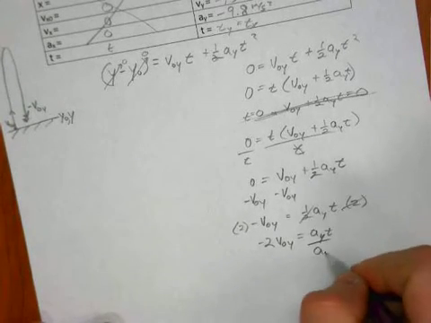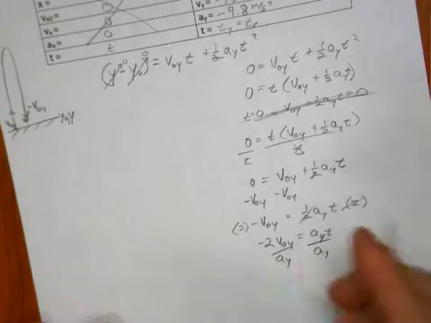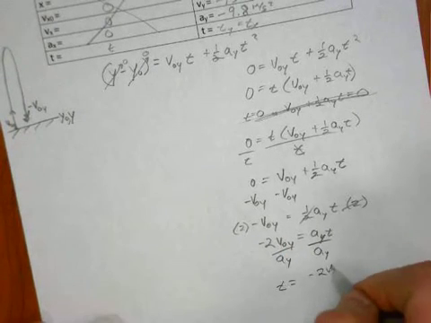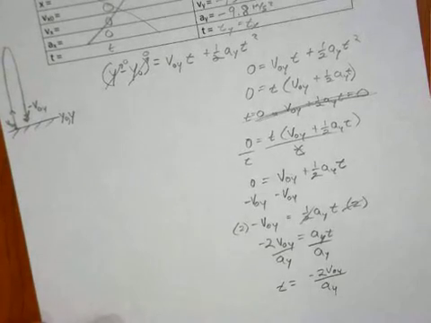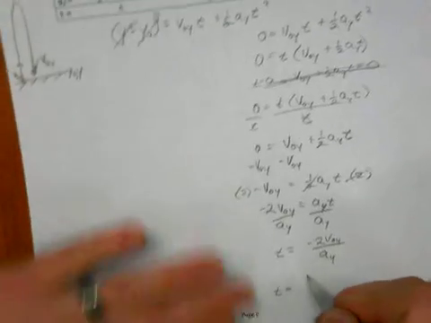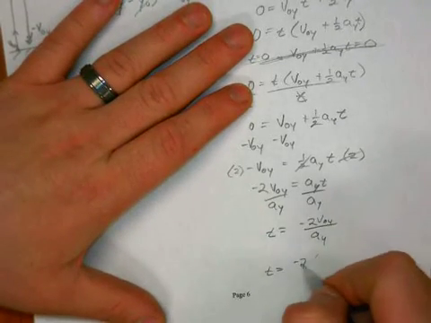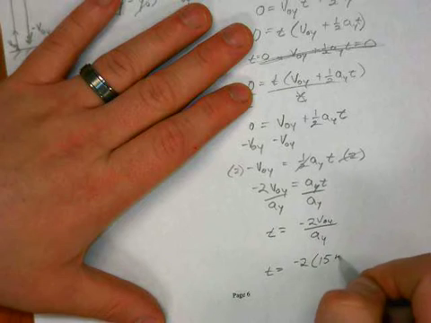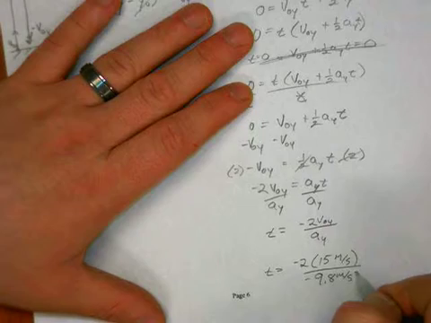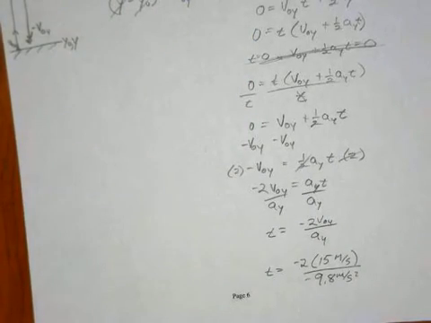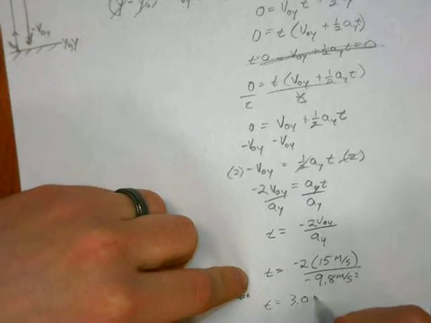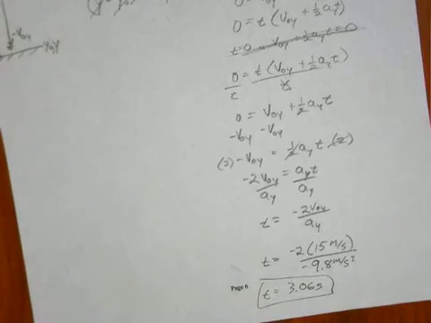Divide each side by ay, and I'm going to flip the equation too, so you have the unknown on the left. It's t equals negative 2 v0y over ay. That's our solution. And further, t is negative 2 times 15 meters per second over negative 9.8 meters per second squared. I don't remember what this is. Let's see, 30 divided by 9.8, so it should be, I think, 3.06 seconds. I think that was it.